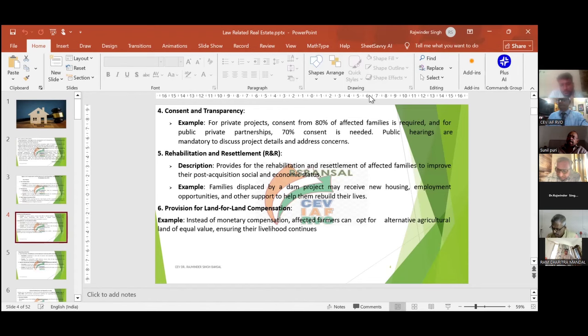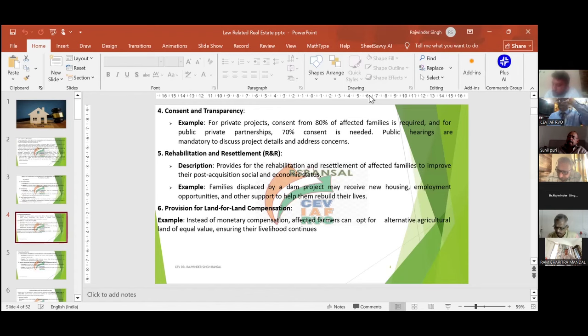And of course, public hearings are mandatory to discuss project details and address the concerns of all the affected families. So this thing is most important, and many times in the IBBI examination, you may get a 1 mark question out of it.